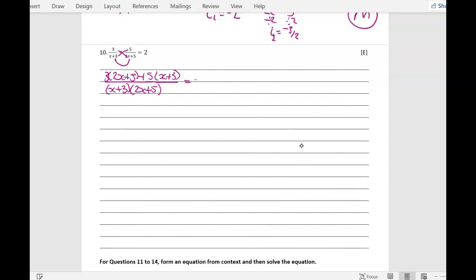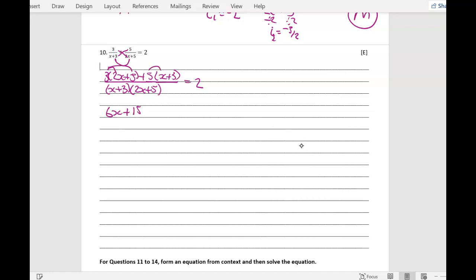All of that comes to positive 2. I'm now going to simplify that top part. I could expand the bottom bit, but at the moment I just want to leave it in a factorized form in case I can cancel something out later on. But let's expand the top. So we've got 3 times 2x, that's going to be 6x, and then 3 times 5 is 15.